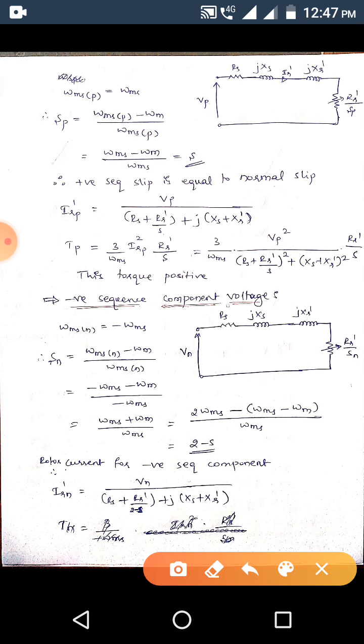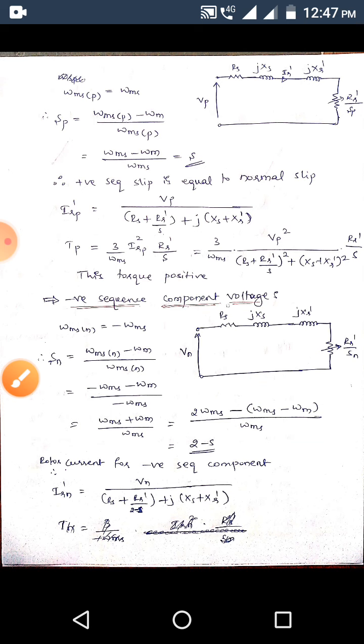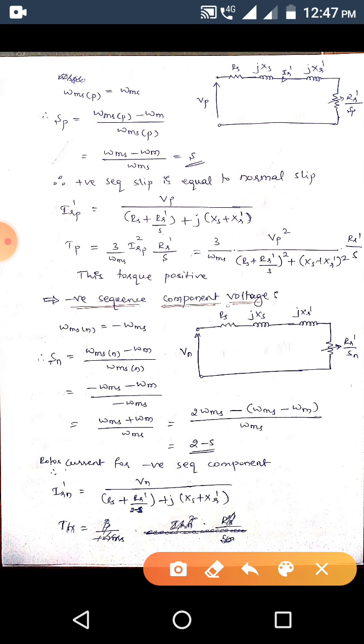Then the negative sequence speed is equal to the minus of synchronous speed here. Okay, omega ms of n is equal to minus of synchronous speed here.